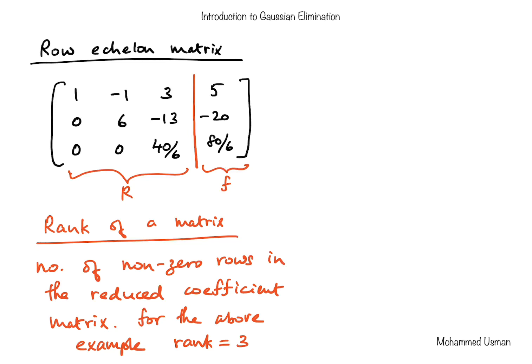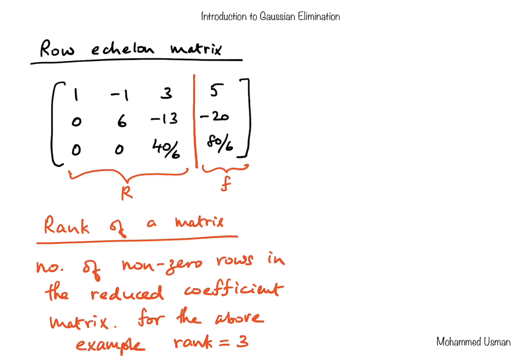Now the next thing I want to tell is about how to interpret the final row echelon matrix. We can have different possible situations, and depending on the outcome we get in the row echelon matrix, we can interpret the result like we did earlier, whether the determinant is 0 or not 0. If the determinant is not 0, we said that the equation has a unique solution.